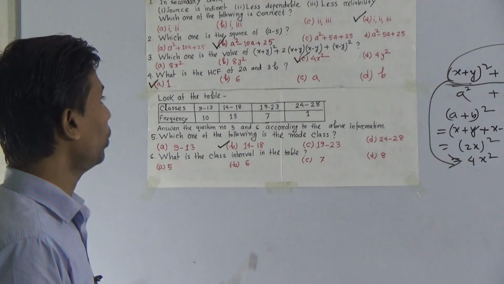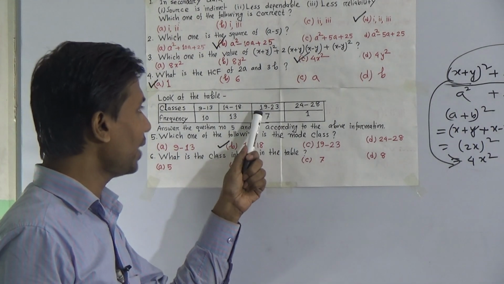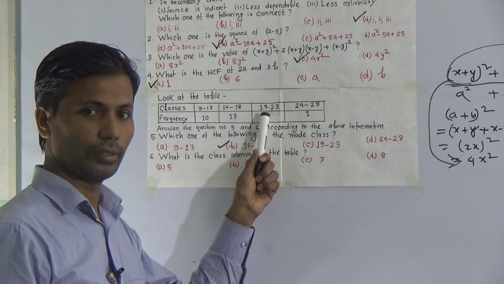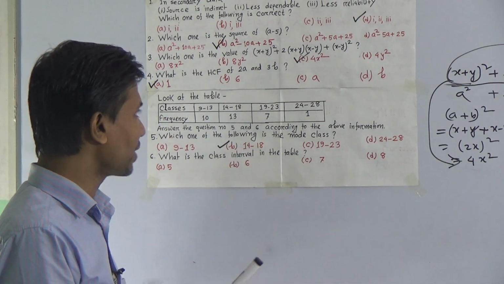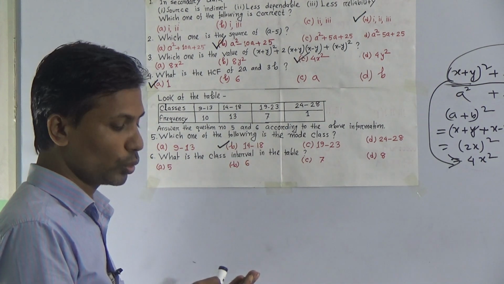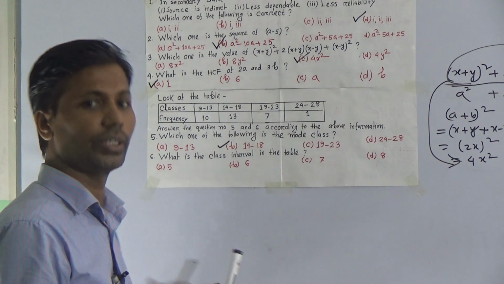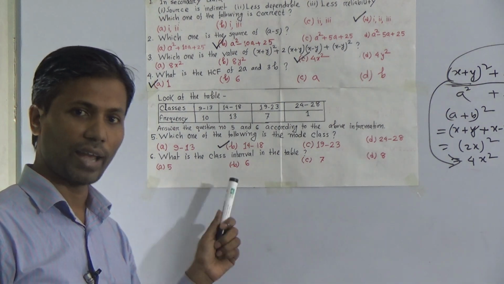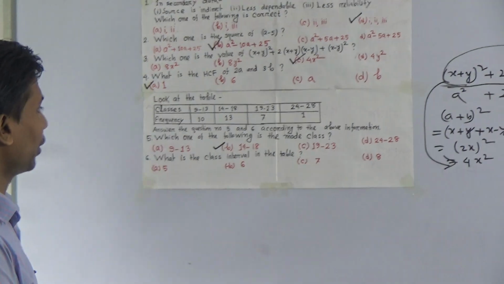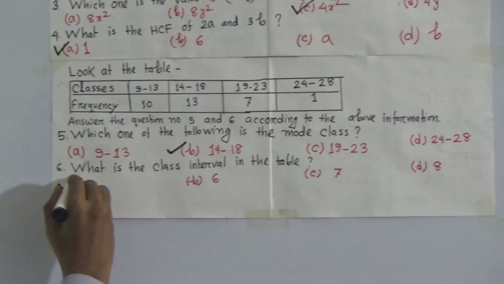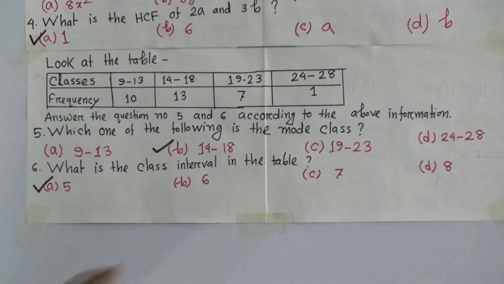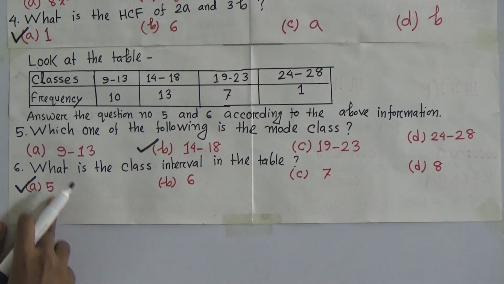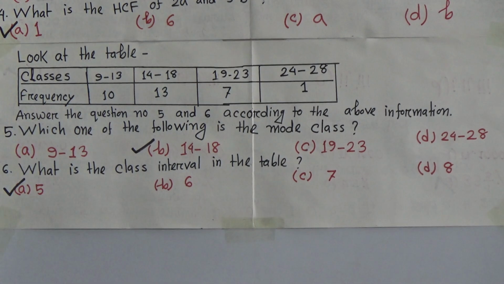So you have to count 19, then 20, 21, 22, then 23. Then we get the class interval is 5. So our required answer will be 5. What is the class interval in the table? The class interval is 5. Dear student, I hope you understood.